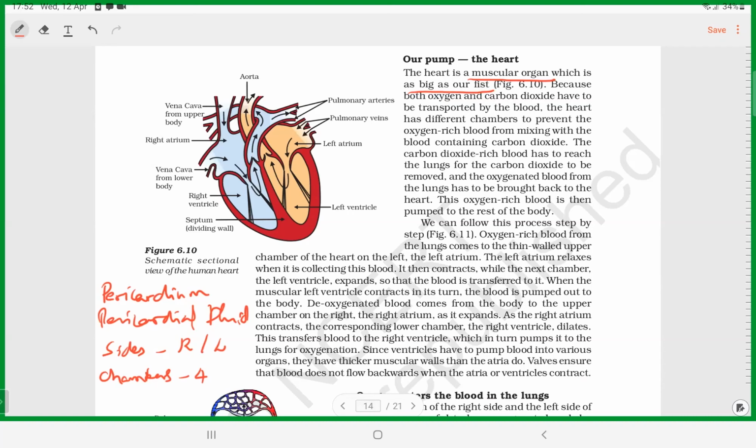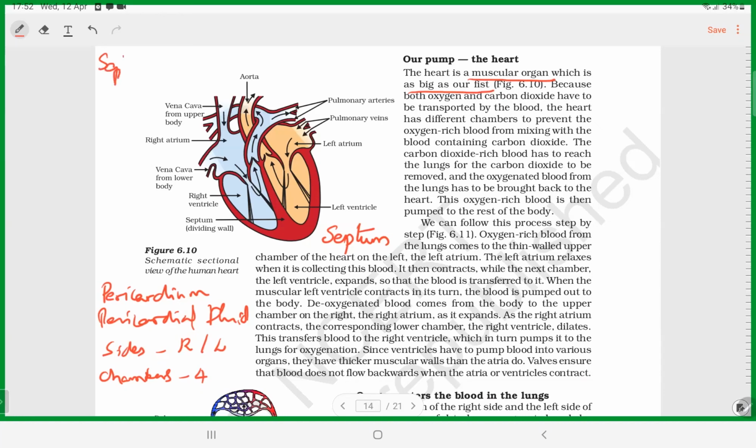A tissue called what? Septum. Septa are nothing but separating walls. There are three different types of septum. What are they?